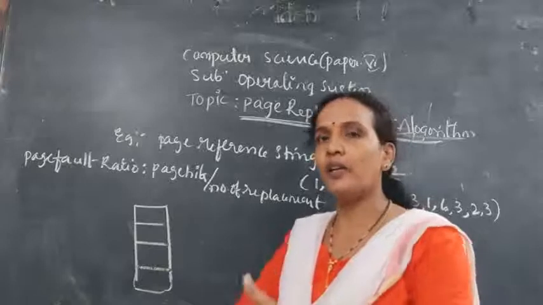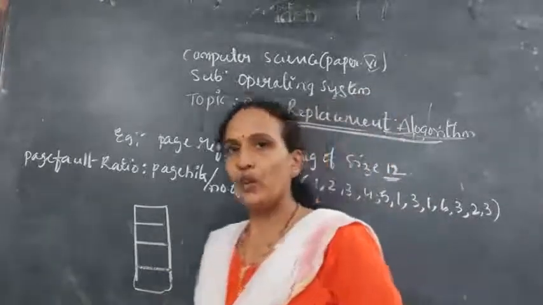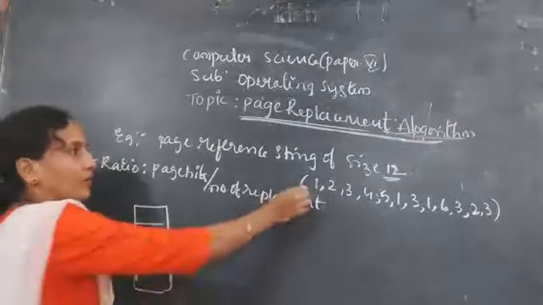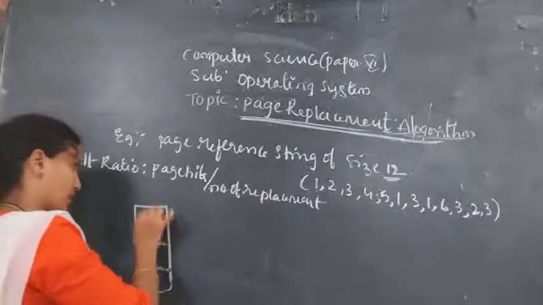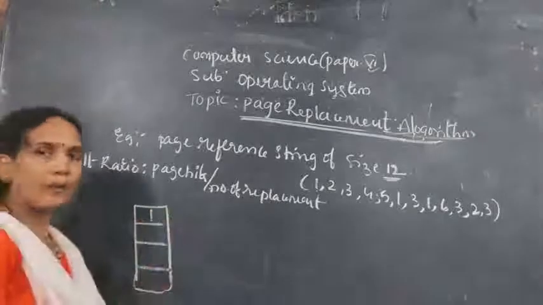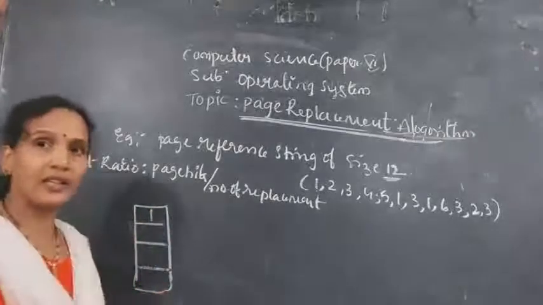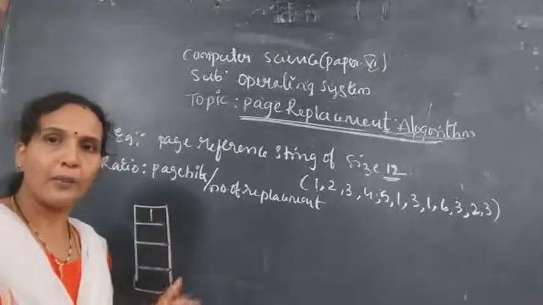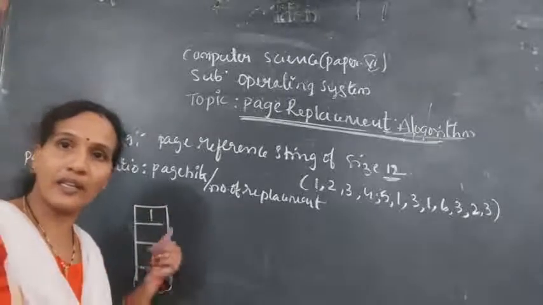In that we are loading the pages from user space. Now we'll see, first page 1 will be loaded. Here we have a page fault. I want to load page number 1, but that page is not there in the main memory.